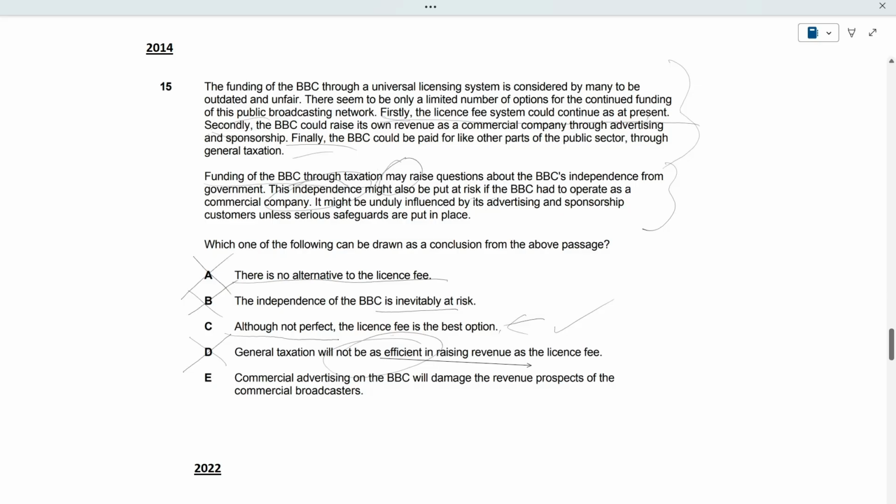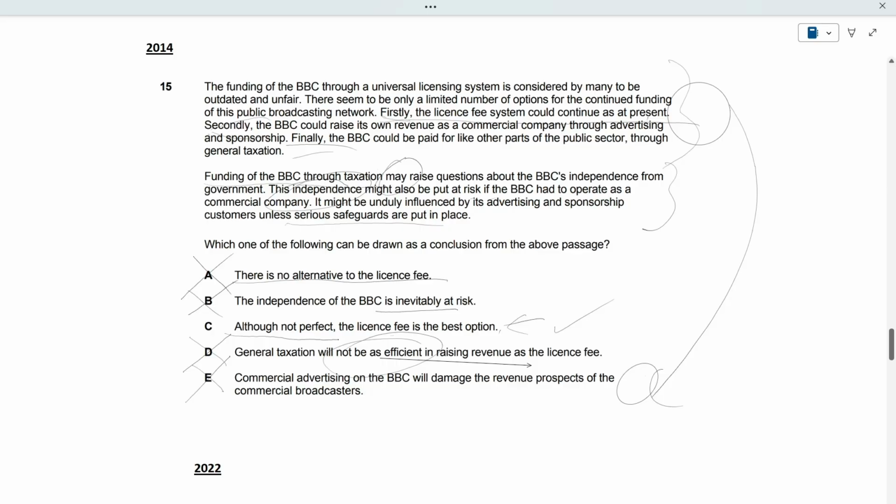And E, there might be undue influence from advertising and sponsorship customers unless serious safeguards put in place. Therefore, commercial advertising on the BBC will damage the revenue prospect of the commercial broadcasters. Again, it's not quite right because that's the premise as well. That is discussing the different types of options, which is done up here. It mirrors that, but it's not the conclusion.